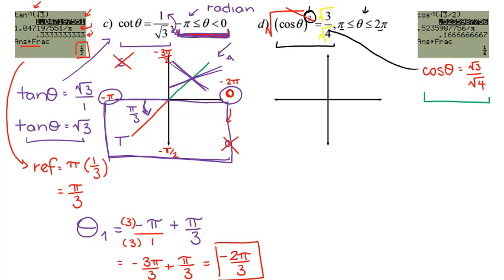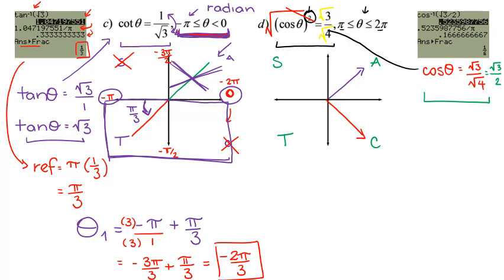And on the bottom, square root of 4 just equals 2. So we can simplify this to square root of 3 over 2. Okay, so now using our CAST rule, let's figure out which quadrants cosine is going to be positive in. It's going to be positive in quadrant number 1, and it's going to be positive in quadrant number 4.